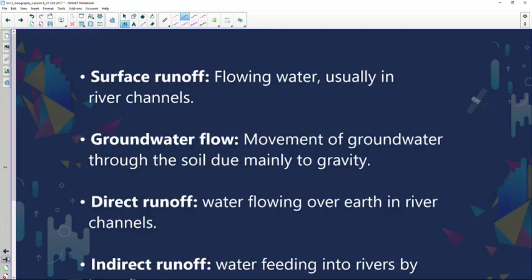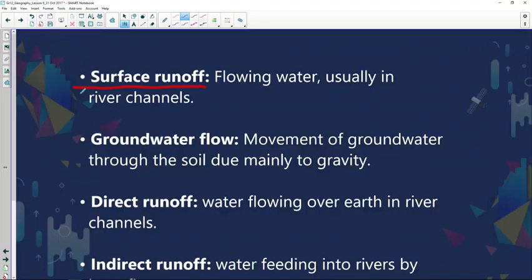If you look at the fluvial process, we've got surface runoff. Very importantly, grade 12, it's water usually in our river channels. Now, we're going to discuss the different types of rivers as well in a couple of slides' time. But by now you only know about two rivers: permanent rivers and non-perennial rivers. And then groundwater is when the water infiltrates through the soil because of gravity.